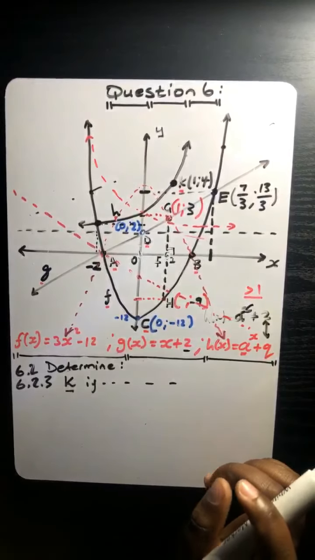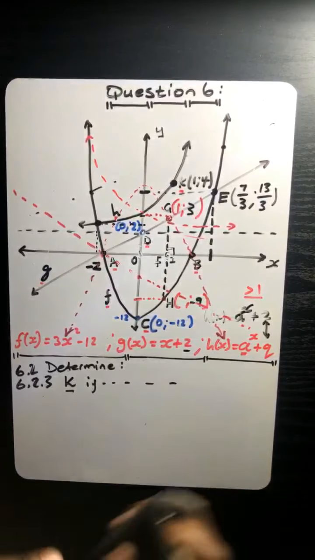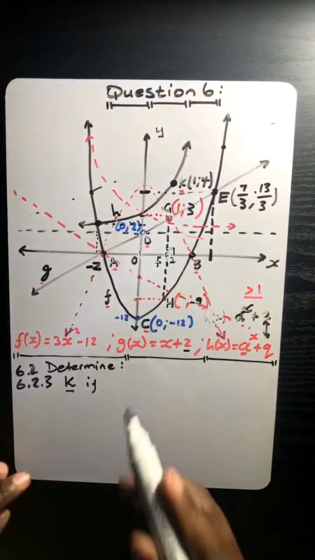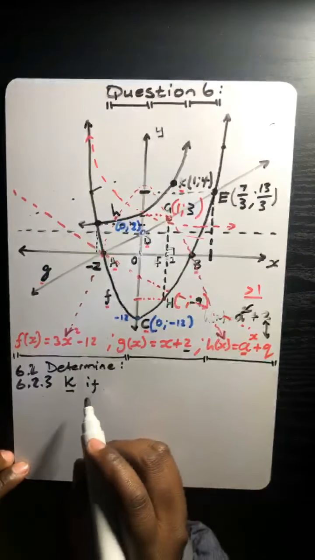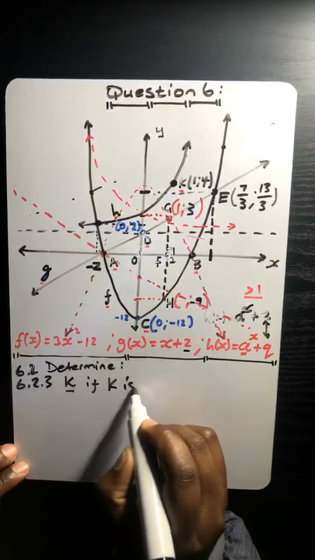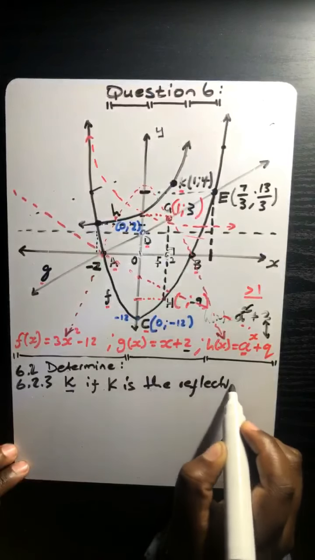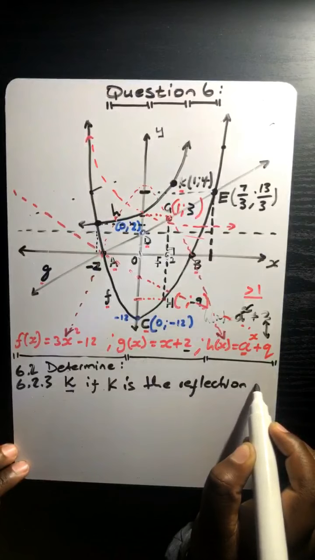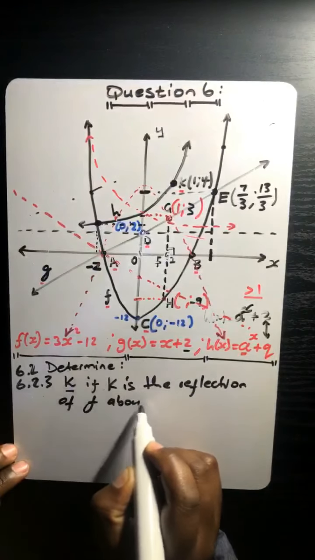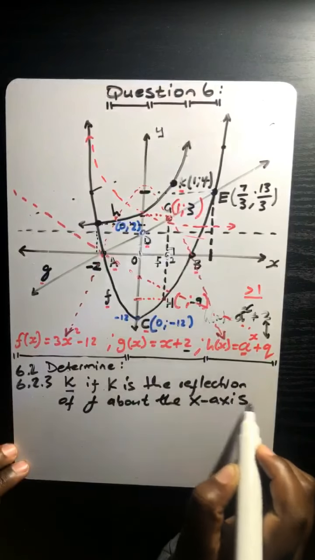Okay, so let me maybe write that question, because this question, guys, should be one of the easy questions. I just want to make sure that everyone understands it. So they say determine K if K is the reflection of F about the x-axis.